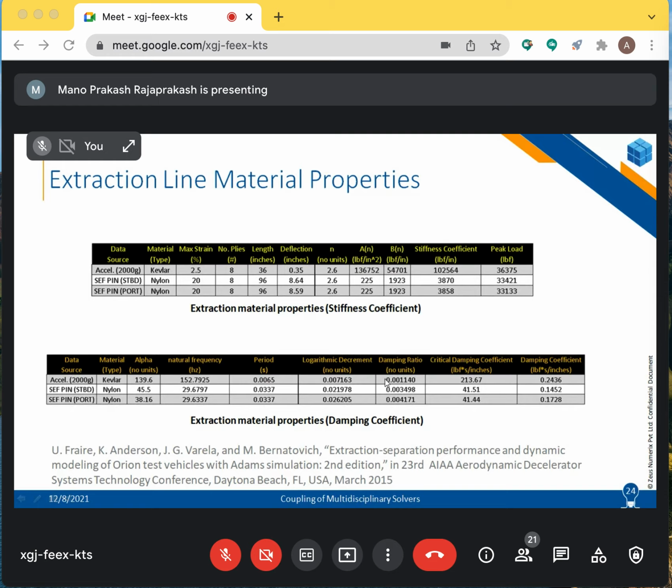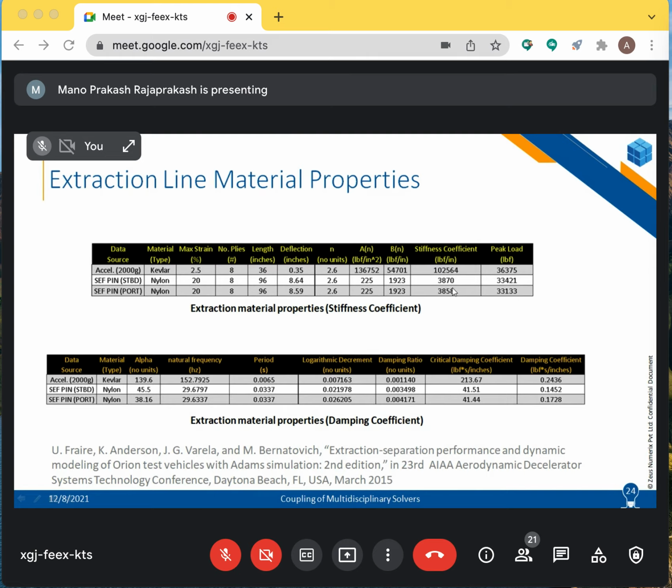So identifying these material properties and constants is very important, and these are very critical inputs in modeling the parachute payload as a system. It is very important in modeling the peak load that your parachute can have. If you want to model it as realistically as possible, then these are to be identified.